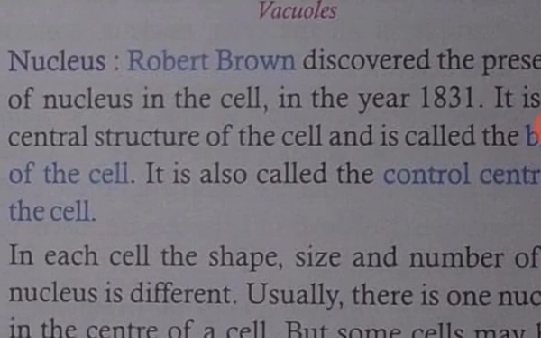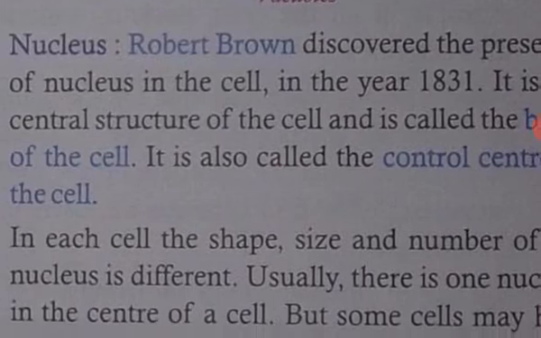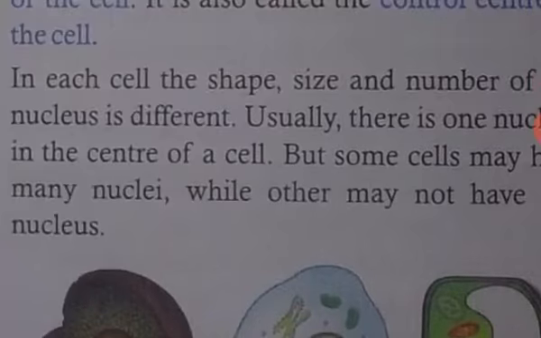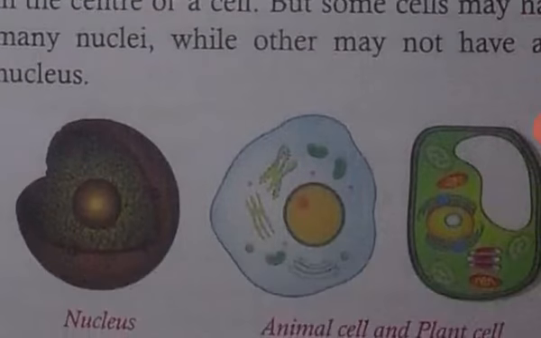The nucleoplasm contains two types of nuclear structures, the nucleolus and the chromatin. The nucleolus is a granular body, spherical in shape. It is the main site of ribosome formation.